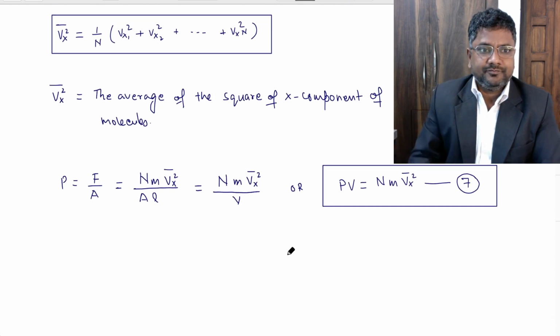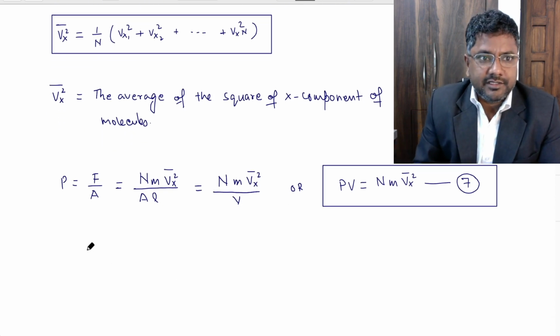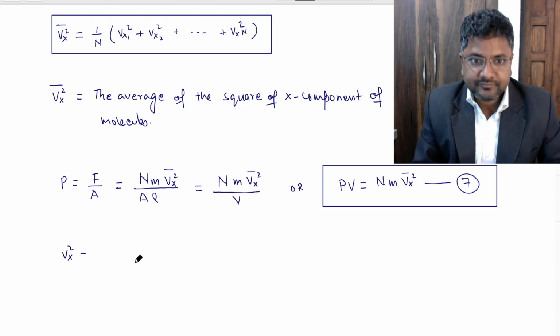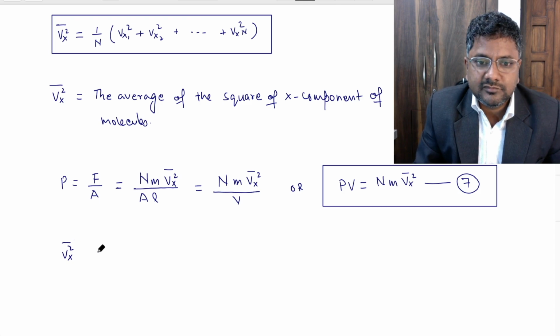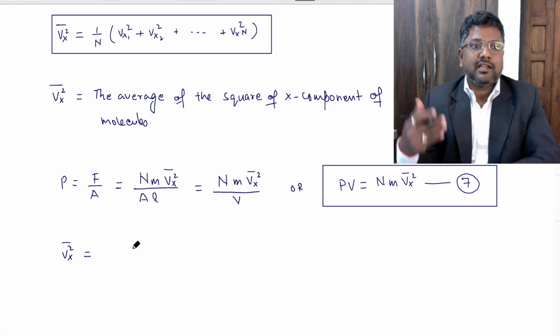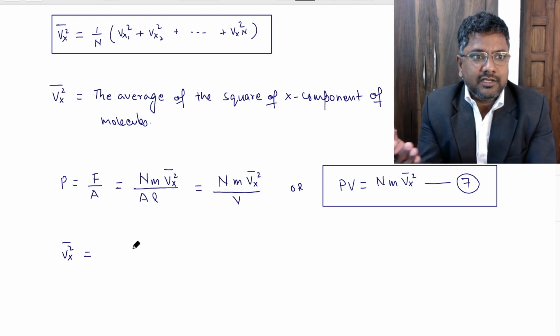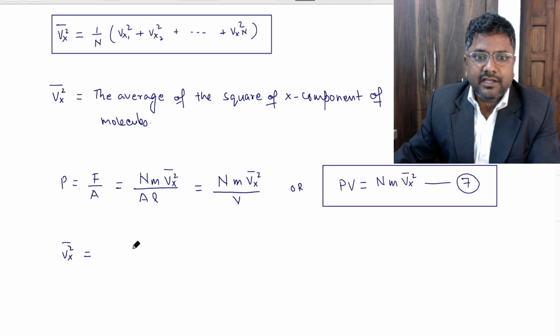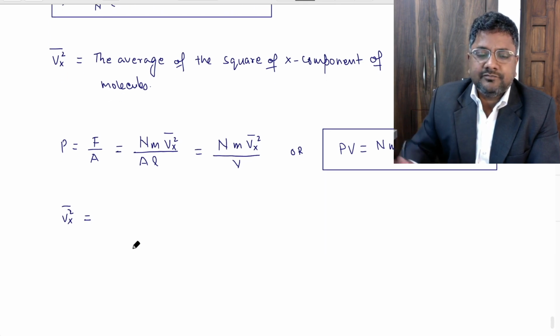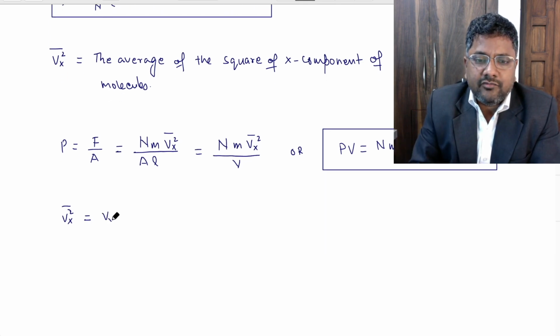So we can say that vx square, vy square and vz square should be equal to each other. So we can write vx square is equal to vy square is equal to vz square.